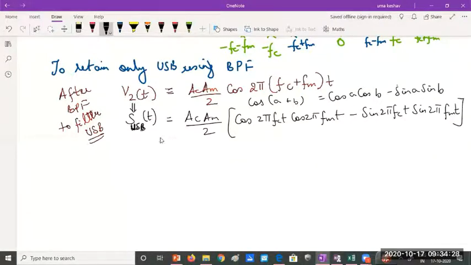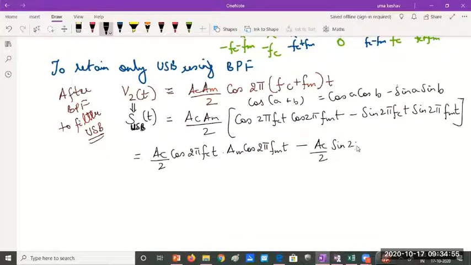This is the expansion. Now what I'll do, I'll take the amplitudes again. Let me keep Ac by 2 outside, and cos 2 pi Fc t into Am cos 2 pi Fm t. I'm just putting this Am with the message cosine, minus again Ac by 2 sin 2 pi Fc t into Am sin 2 pi Fm t.